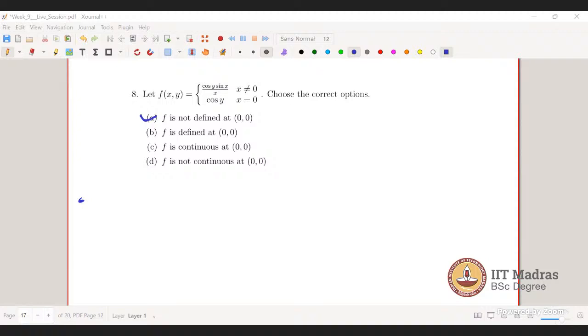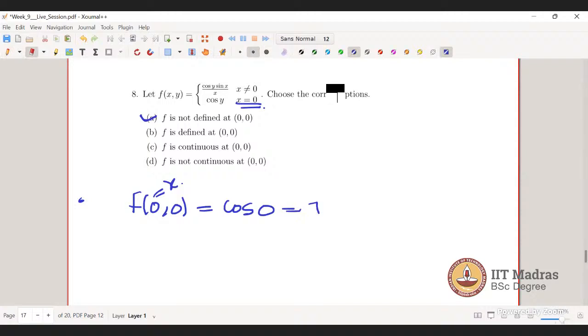Because at (0, 0), it will be cos y. True, whatever Mohan said is true. By the definition, f of (0, 0): x is 0, so it's cos y, and y is also 0.